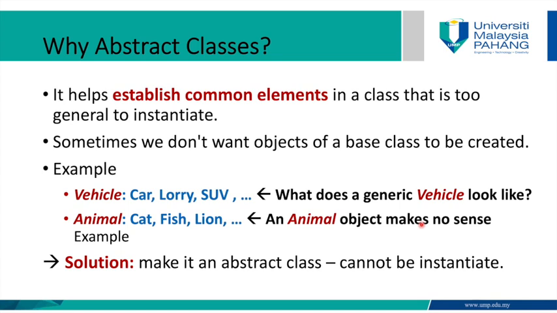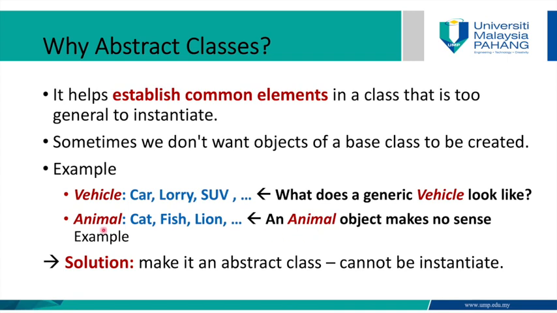And then animals: cat, fish, lion. An animal object makes no sense. These three all have different attributes, different characteristics, different eating habits.